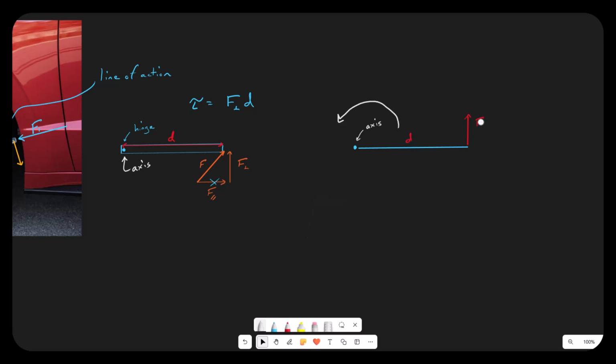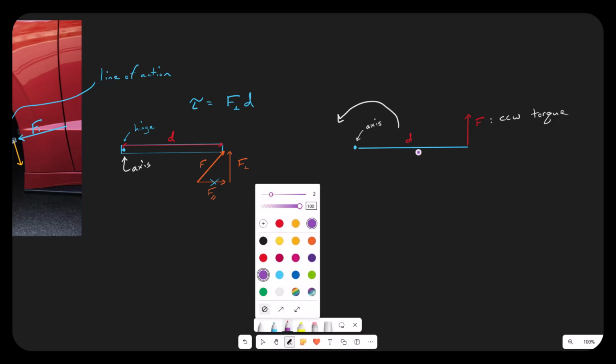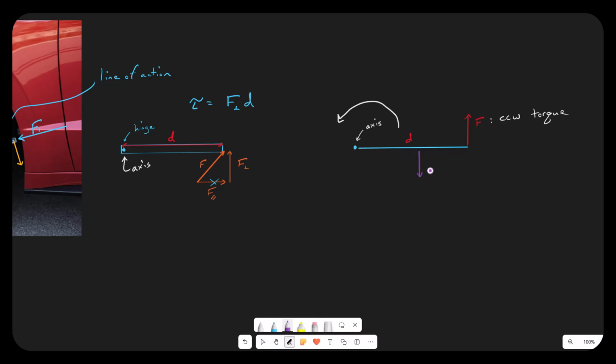I would say that this force produces a counterclockwise torque. If I applied instead a force over here, downward, this force is going to induce a clockwise torque.